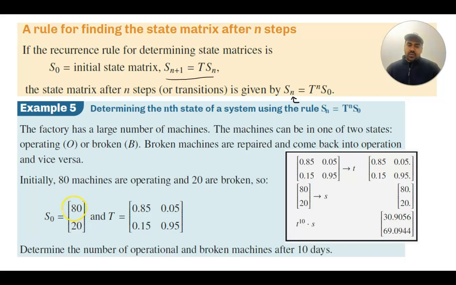What's going to happen after 10 days? Well, once you store these two, you put the transition matrix to the power of 10. After 10 days, it's going to hit 31 and 69. Okay, so 31 operational and approximately 69 broken. And this rule is really cool because it can also help you to determine whether there's going to be some type of steady state or equilibrium that happens over time.